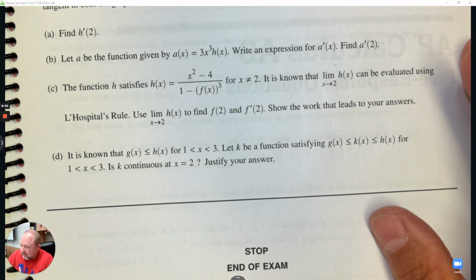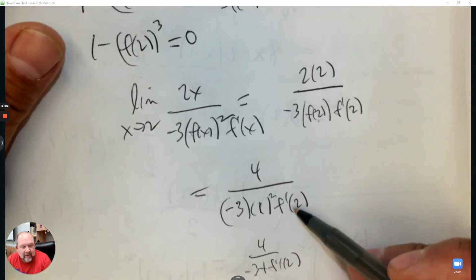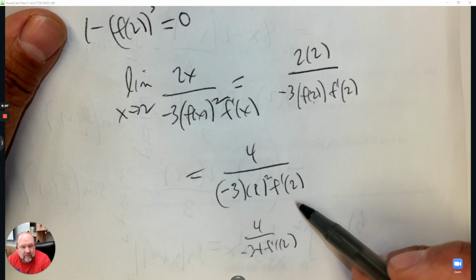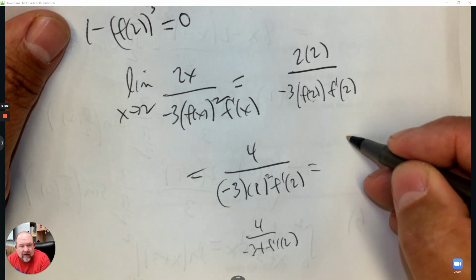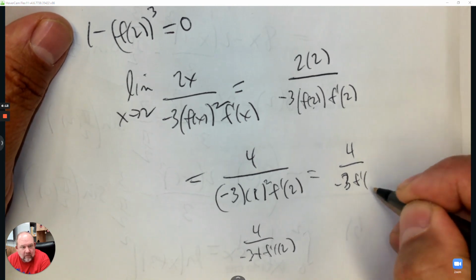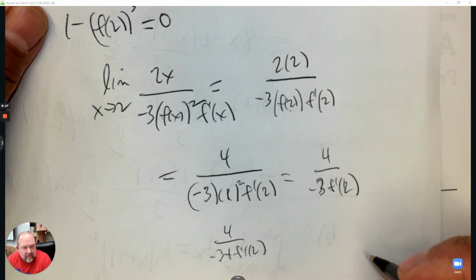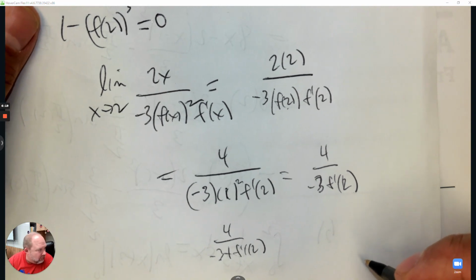So we're using L'Hopital's rule. We're plugging in. All right, so what do I have so far? I have 4 over negative 3 and the derivative of f at 2.